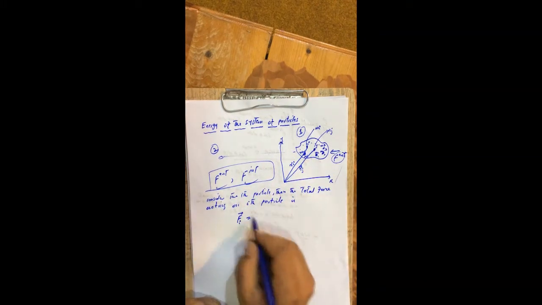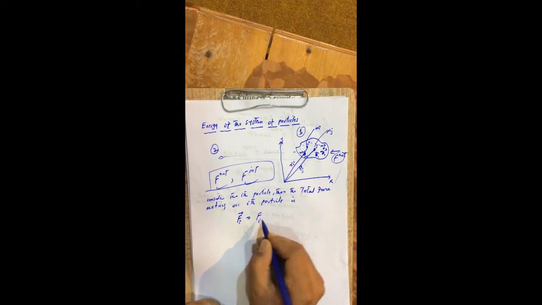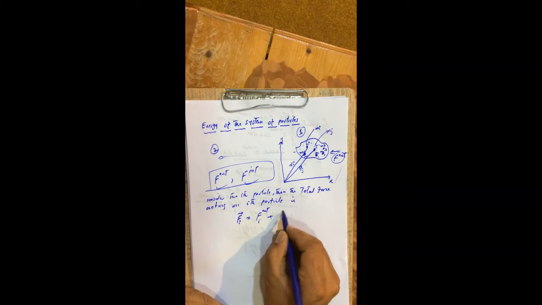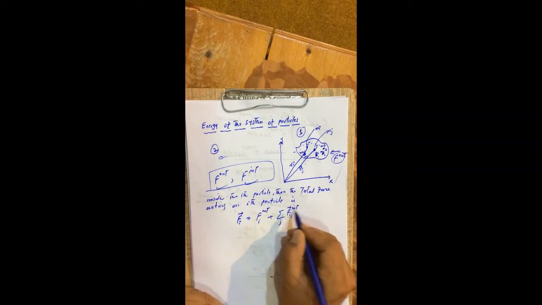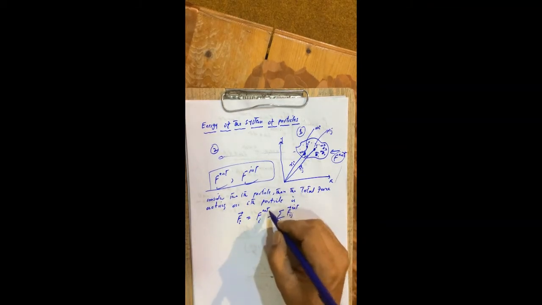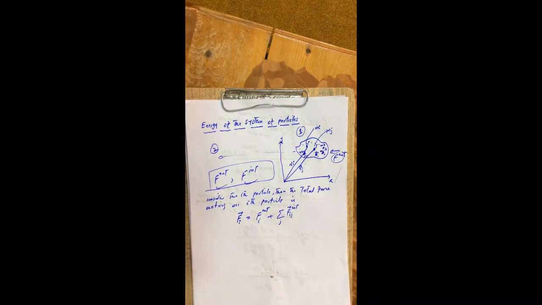So the total force acting on the ith particle is the sum of two forces: the external force acting on this ith particle, plus the internal forces, Fij internal. These are the forces acting on the ith particle.